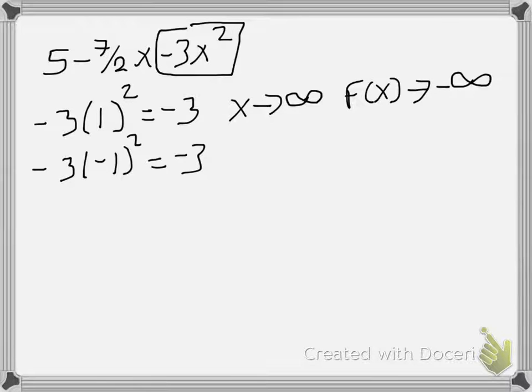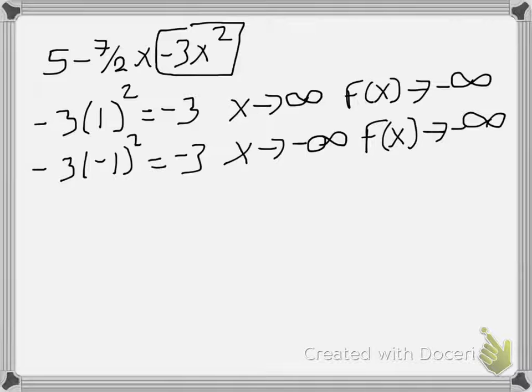So again, this time as x approaches negative infinity, and this is the left-hand side, f of x is also going to approach negative infinity. And since both of them are approaching negative infinity, that means that it falls both left and right.